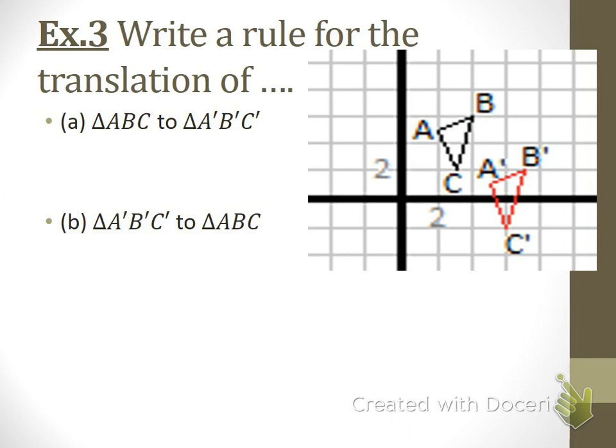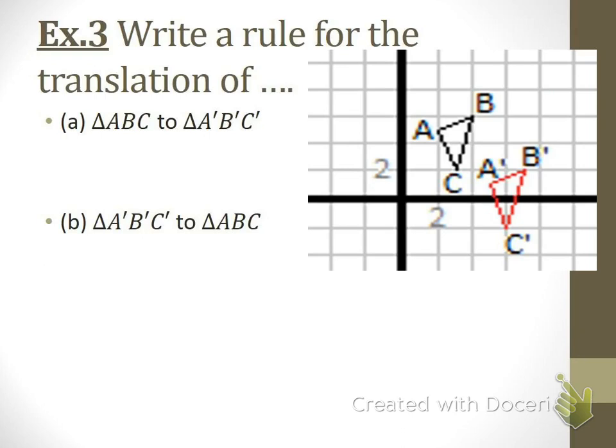Write a rule for the translation of triangle ABC to triangle A prime B prime C prime. And then, after that, write a rule for triangle A prime B prime C prime to triangle ABC.